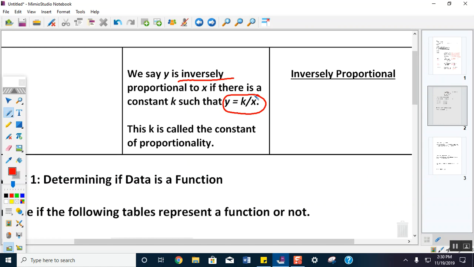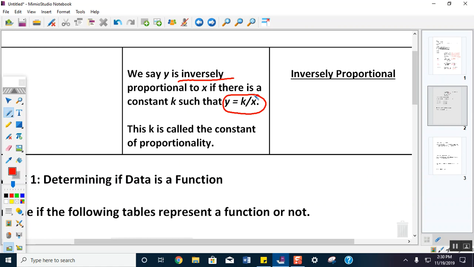Yes. Today when I drove to work, I drove the law-abiding speed of 55 miles per hour. So my speed is equal to 55 miles over a certain number of hours. So would you guys agree that speed is equal to a distance divided by time? I can agree. So I would say that my speed is inversely proportional to the amount of time I travel, because it's a distance divided by time.